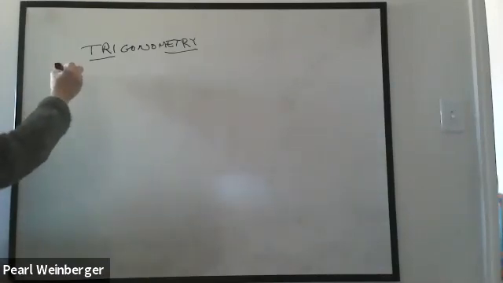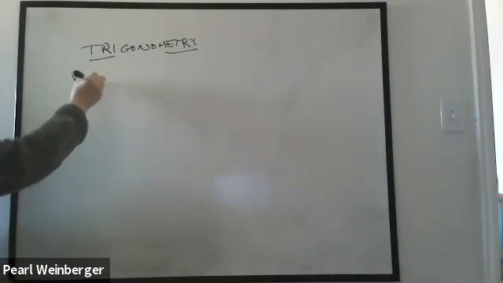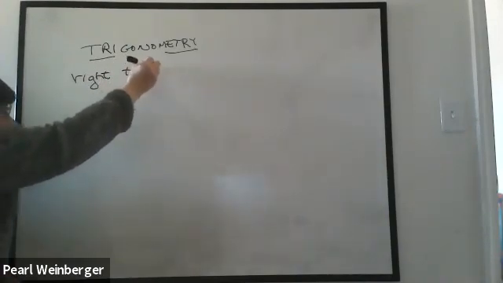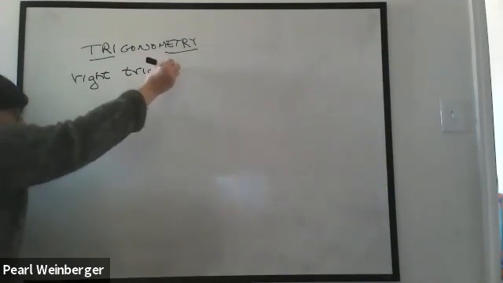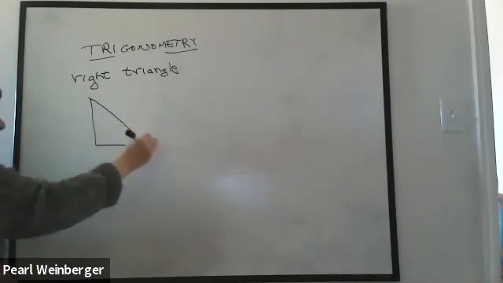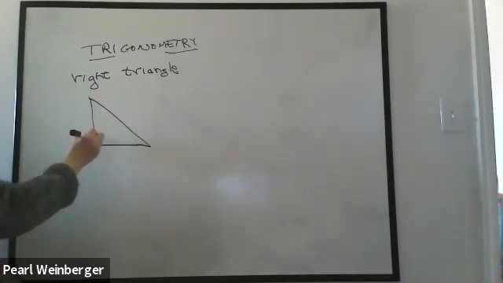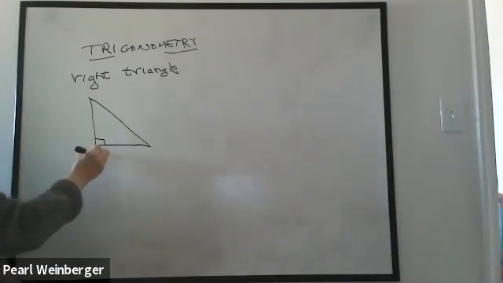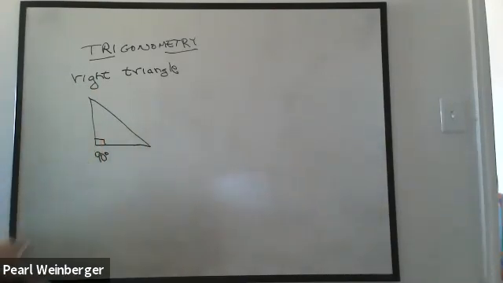Actually, the type of trigonometry we're going to be talking about is something called right triangle trigonometry. So what do we mean by a right triangle? This type of angle, an angle that forms a square corner, is called a right angle. In the number of degrees, it's 90 degrees. I'm sure everybody has seen a right angle. A right angle is all over.